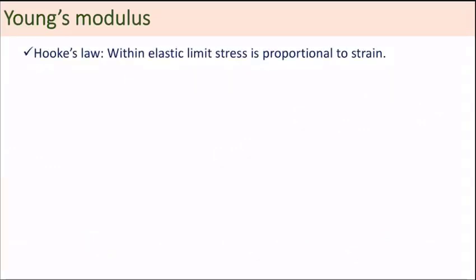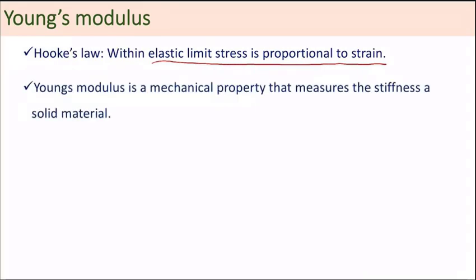Next, let's see Young's modulus. We know Hooke's law: within the elastic limit, stress is proportional to strain. Up to the proportional limit Hooke's law holds good, but it is applicable up to the elastic limit. The stress is proportional to the strain. Young's modulus is a mechanical property, a measure of stiffness of a solid material.